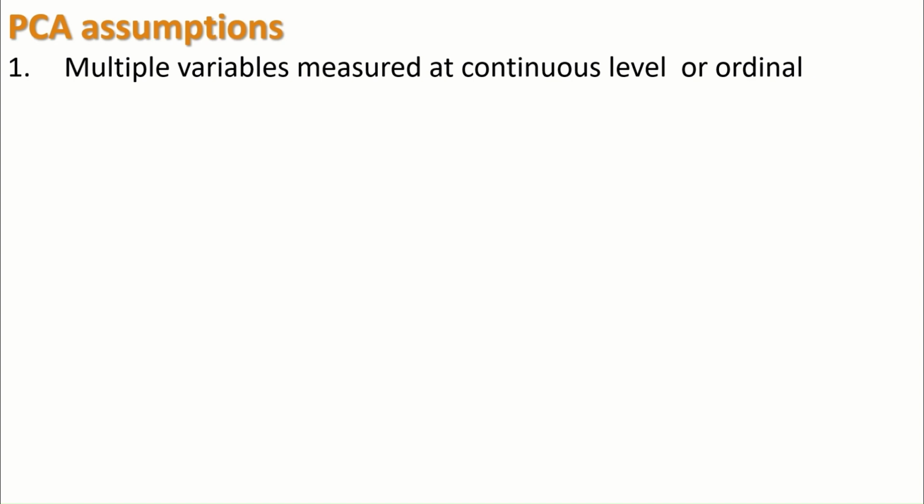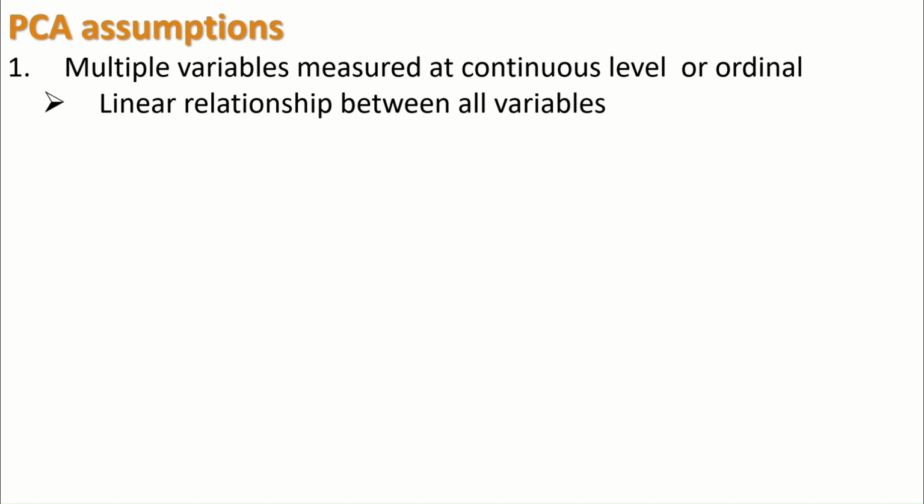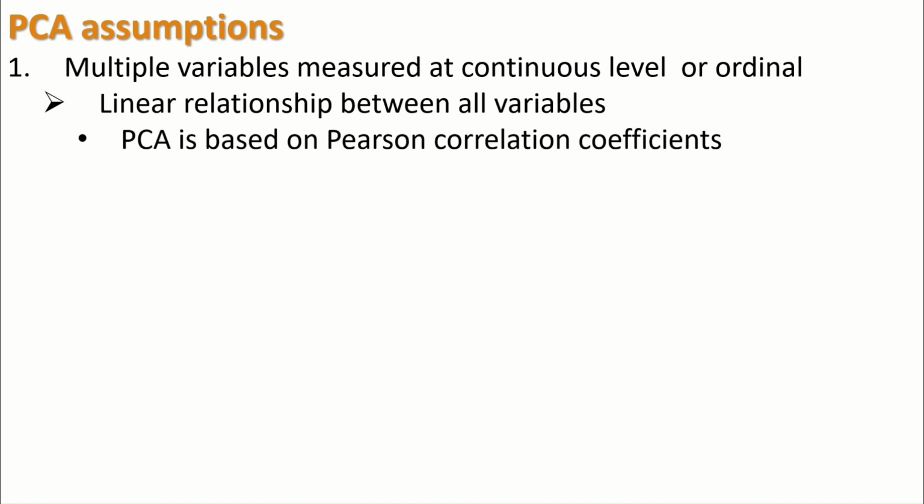So the data or the responses collected from participants completing the questionnaire can be ordinal, based on a 5-point Likert scale from 1 to 5, or 7 or 9, and so on, or the responses can be a continuous variable. So there should be a linear relationship between all variables if they are continuous.